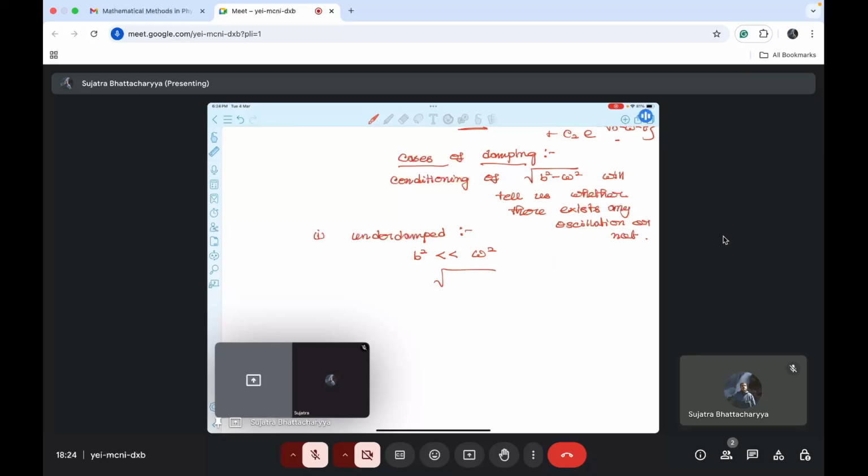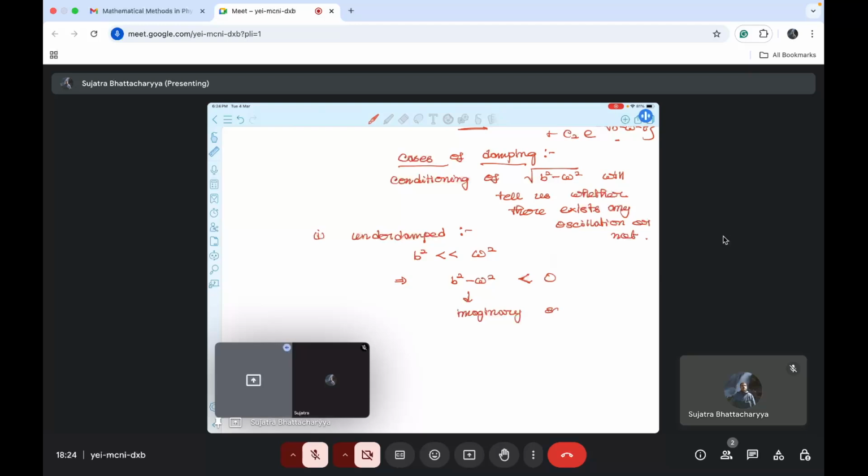Your root of b square minus omega square, since b square is less than omega square, becomes negative. If under the root something becomes negative, you get an imaginary solution.